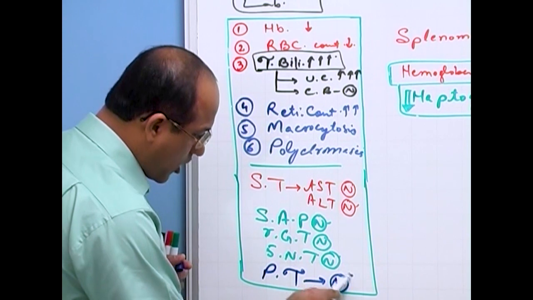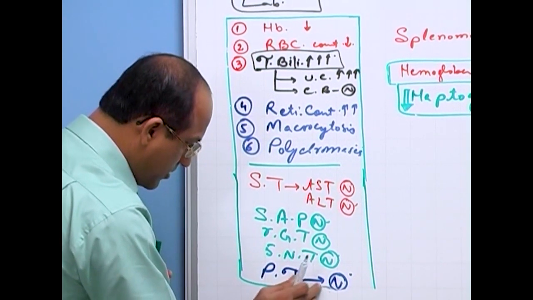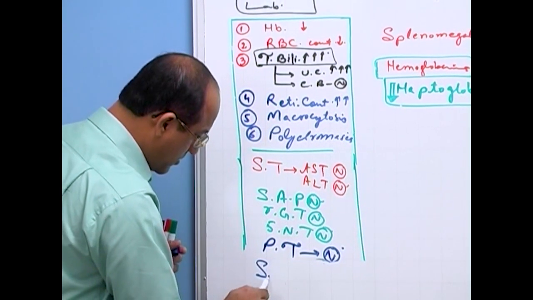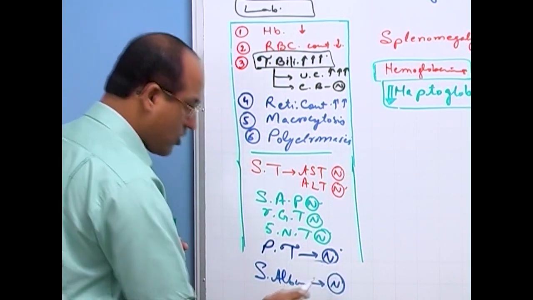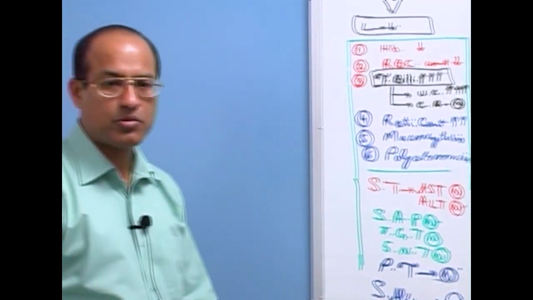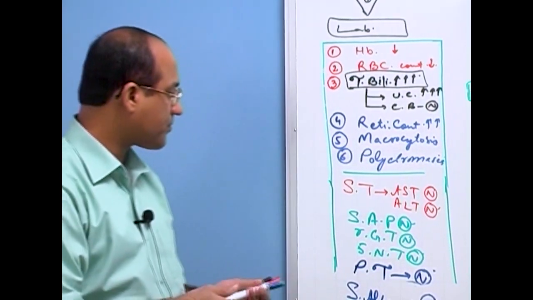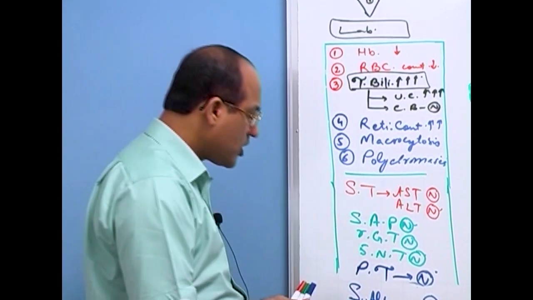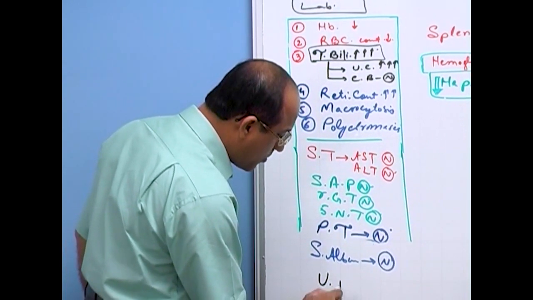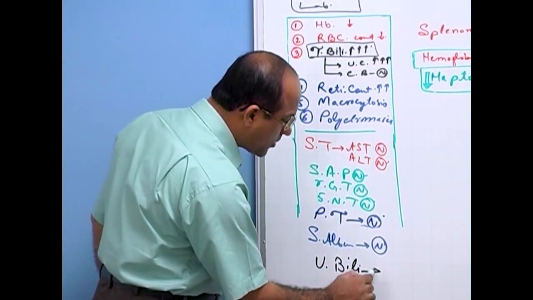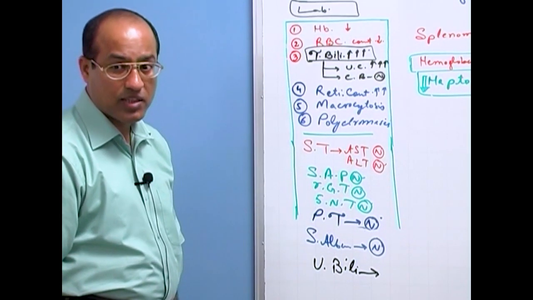Prothrombin time is normal. Even serum albumin level is normal. Serum albumin is also normal, right? Now, with that, urinary bilirubin is absent, because unconjugated bilirubin does not appear into urine because it is complexed with plasma proteins.